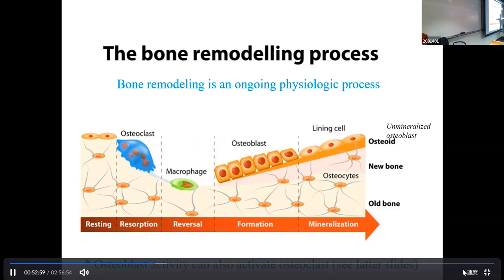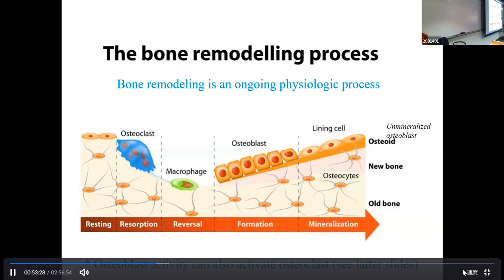Now, after the activity of the osteoclast, you will have the activity of the osteoblast, which will start laying down the bone material, and then mineralization occurs. So this process is always going, whether it is you or me, anytime.